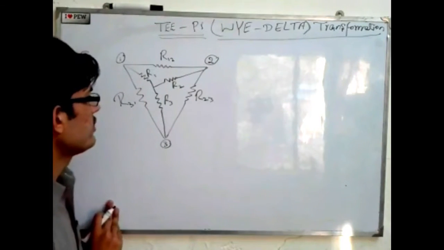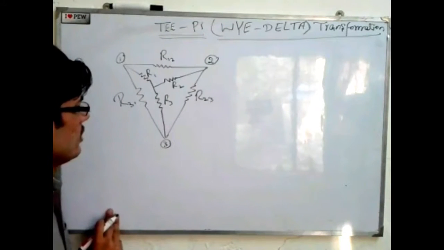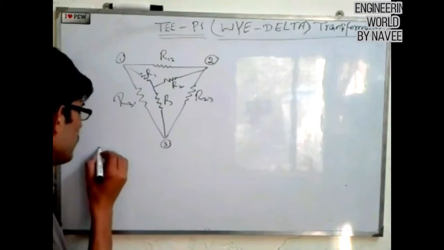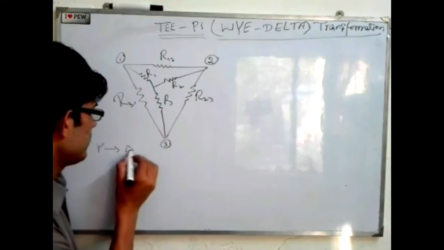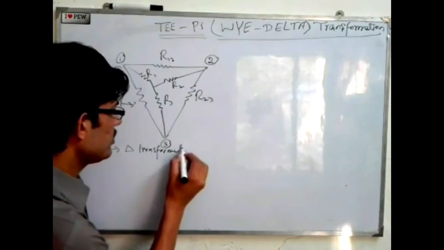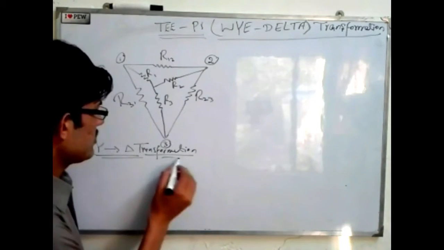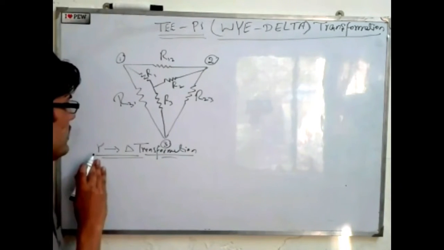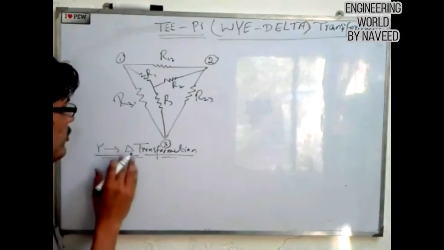The transformation from Y into delta or delta into Y. So let's first do the transformation of Y into delta. In this transformation, we convert all the resistances of the Y into the delta.